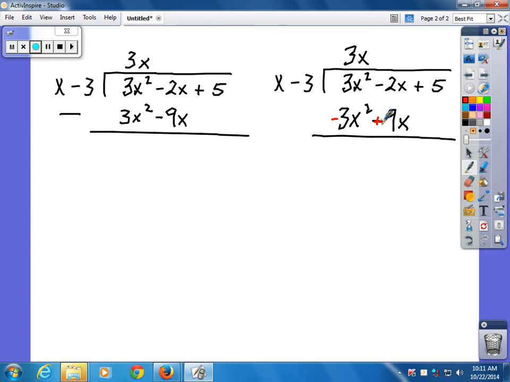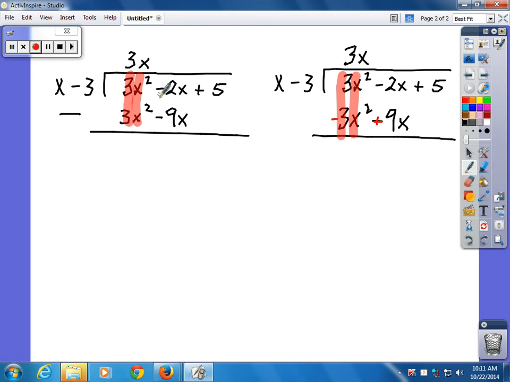So either way, what's going to happen to your left-hand term? That's going to cancel. And is that supposed to happen every time? Yes. The left-hand term is supposed to cancel. And then, just like you did before on the 3 into 7, you add what's left.